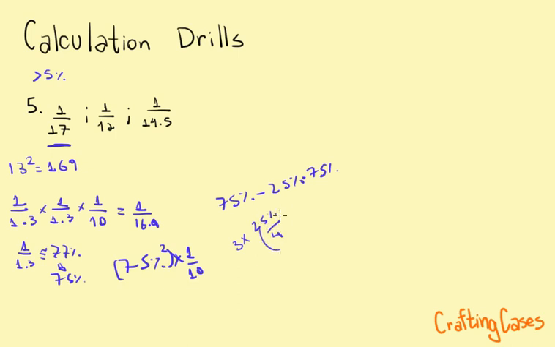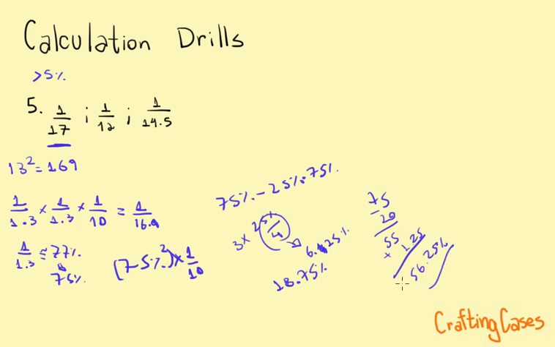1/4 of 25% is 6.25%, times 3, that's 18.75%. So I'm going to subtract 18.75% from 75, and that is 75 minus 20 is 55, plus 1.25, 56.25%.